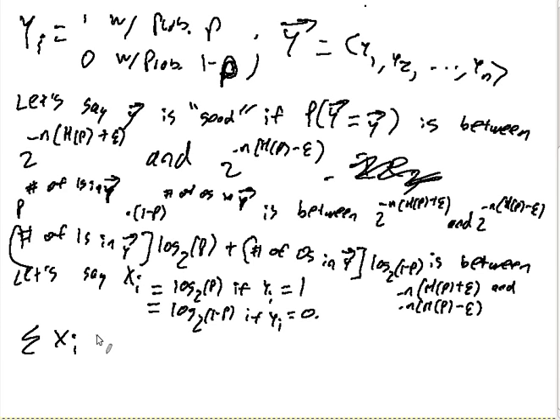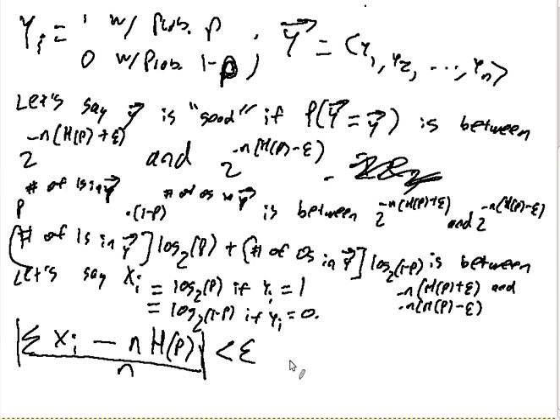Another way of phrasing it is that the sum of x sub i minus n times h of p is between negative n epsilon and n epsilon. In other words, if I take this sum and divide it by n, the magnitude of that result is less than epsilon.